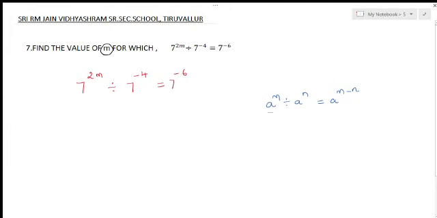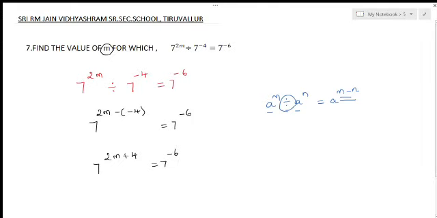If the bases are common and it is in division, then we can subtract the powers. Here both the base is common, 7, 7, and it is in division. So I am going to subtract the powers. 7 power 2m minus of minus 4 equal to 7 power minus 6. So 7 power 2m minus into minus is plus 4 equal to 7 power minus 6.